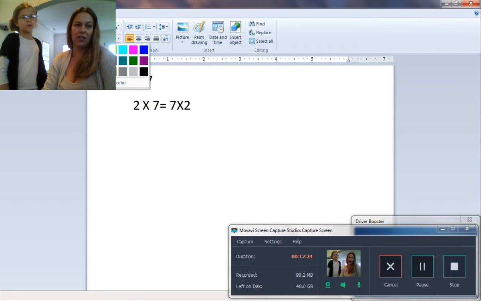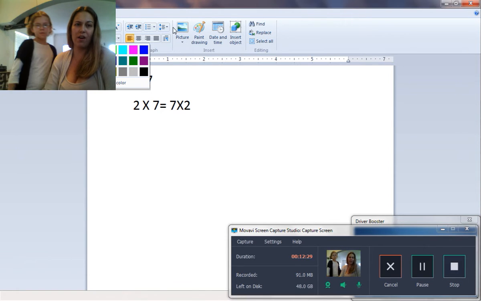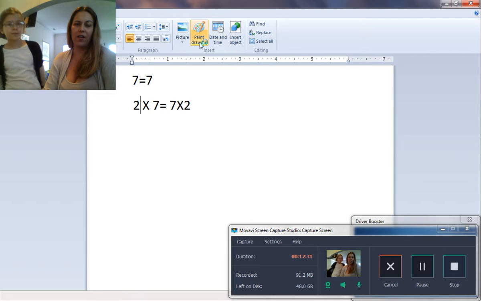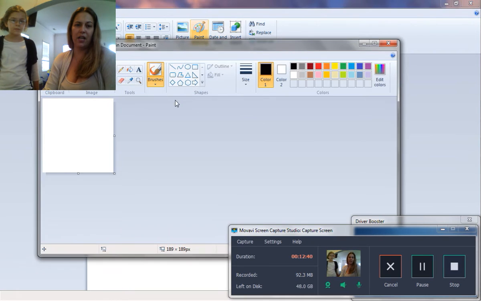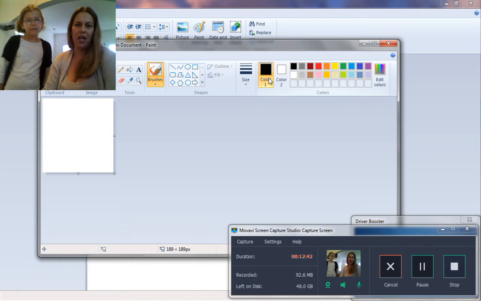Let me see if I can get a tool in here. There we go. Black, that'll work.